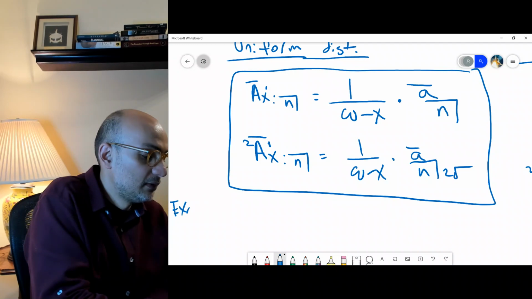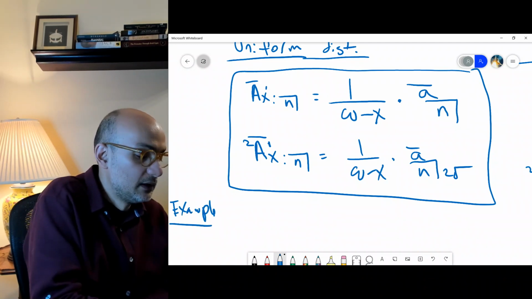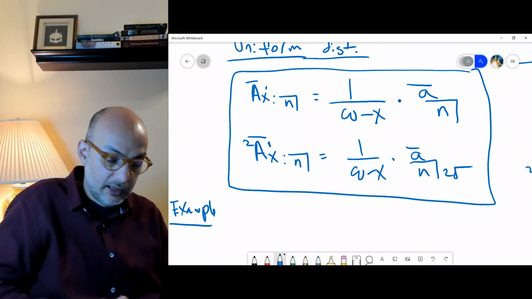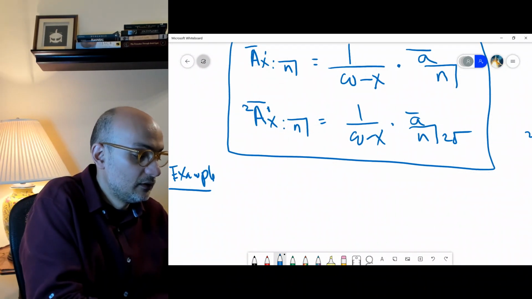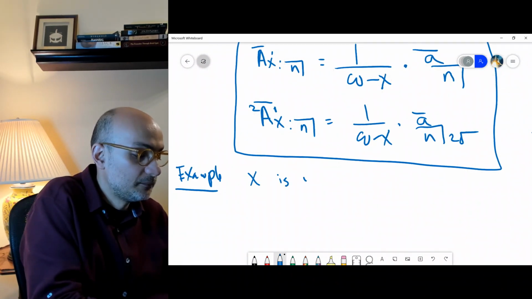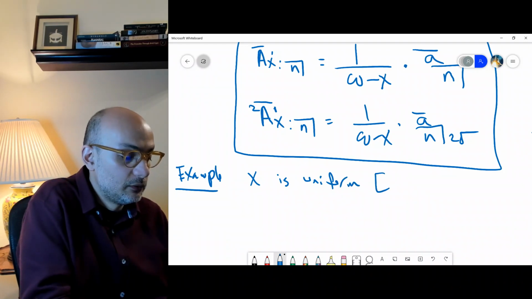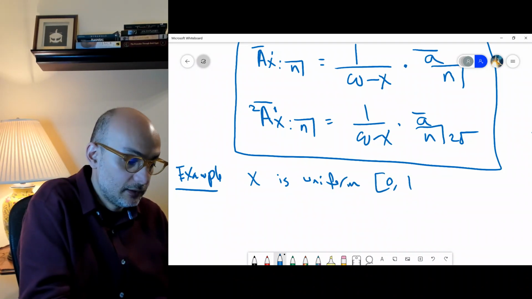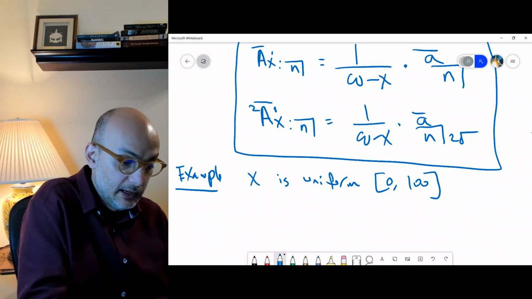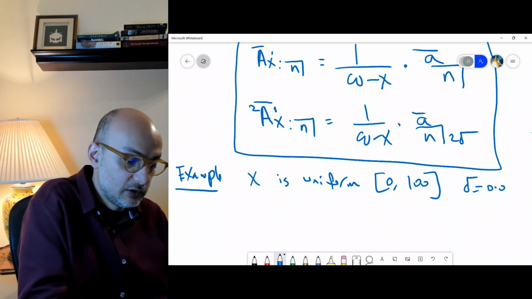Let's start with uniform. Let's take the case where x is uniform. So life at birth is uniform between 0 and 100, and delta here is 0.5.